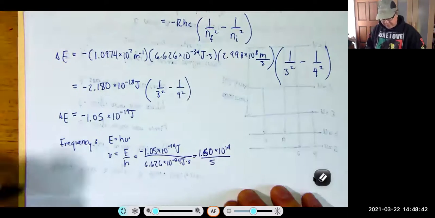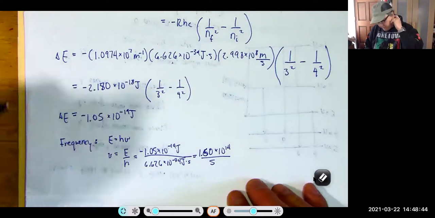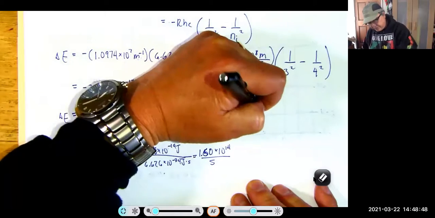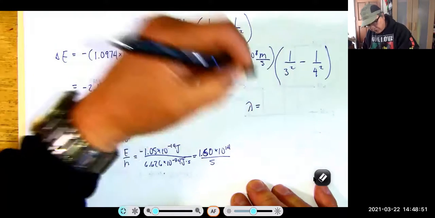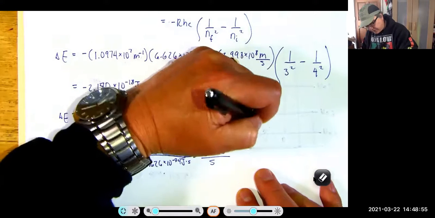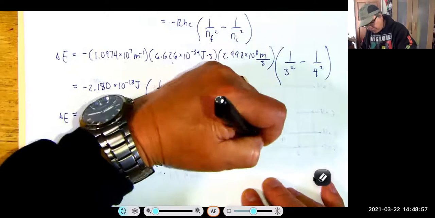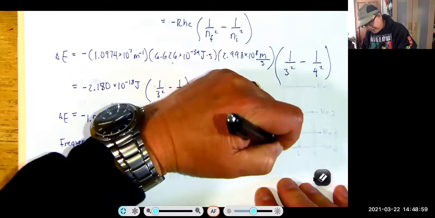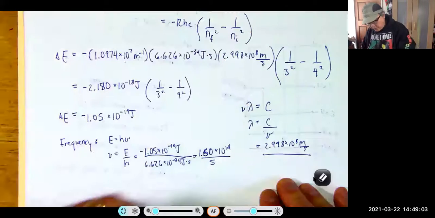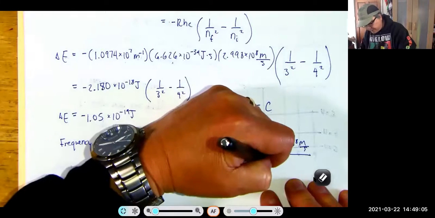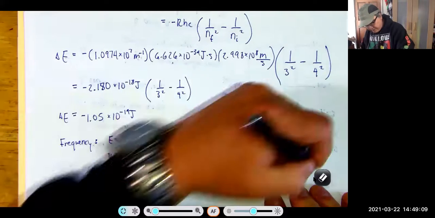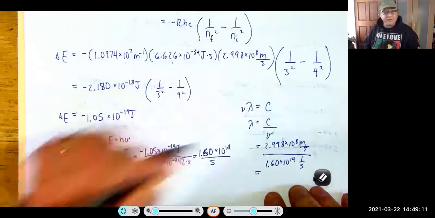So that's the frequency. Now, what about the wavelength? Well, because nu times wavelength is equal to c, the wavelength is equal to c over nu, which is 2.998 times 10 to the 8th meters per second, all over 1.60 times 10 to the 14th per second. So let's see what we get here.